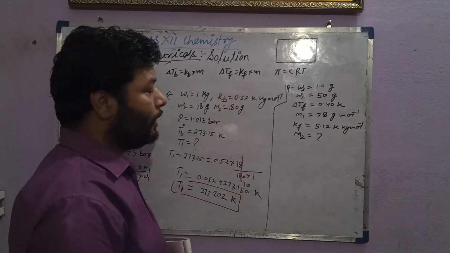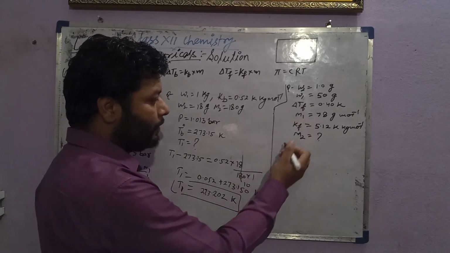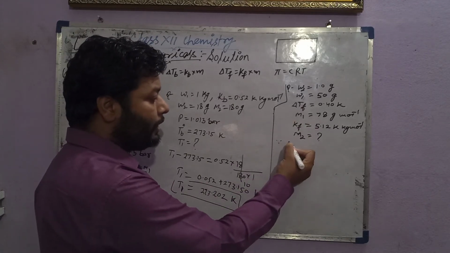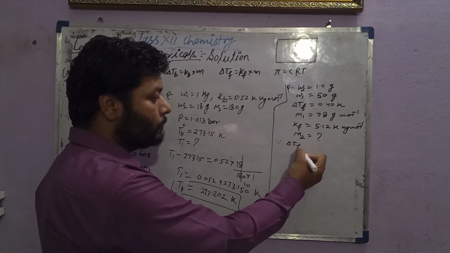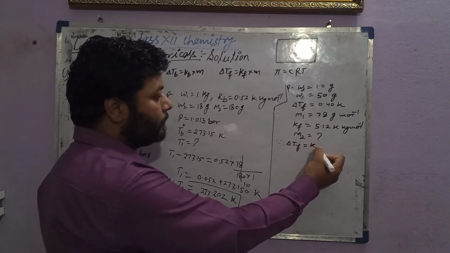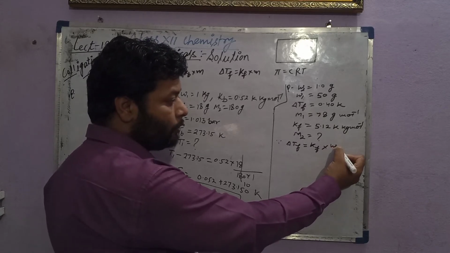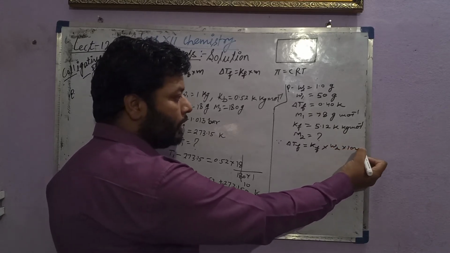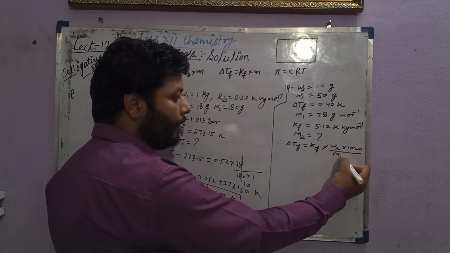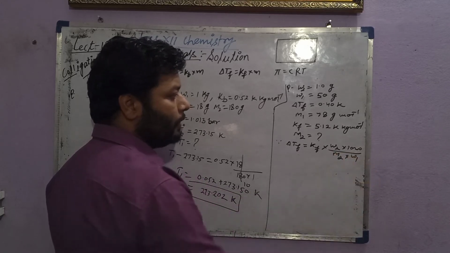So you can take the formula. Delta TF is already given. We know delta TF equal to Kf into m. m means W2 into 1000 upon M2 into W1.